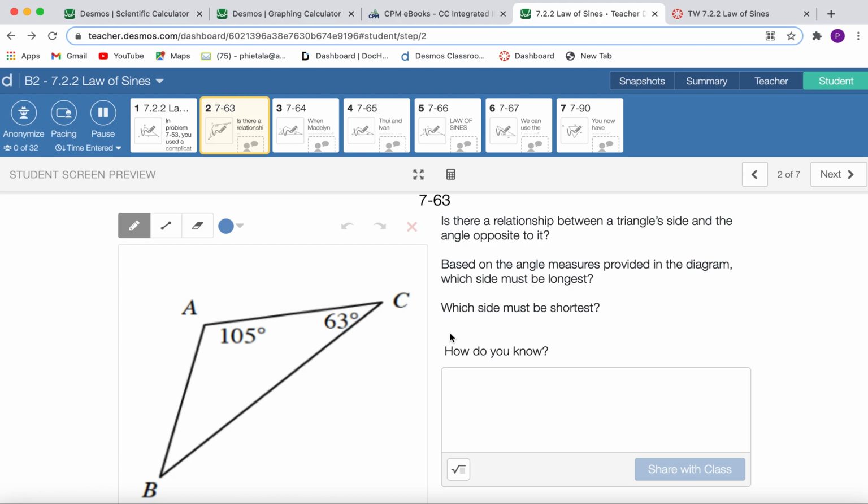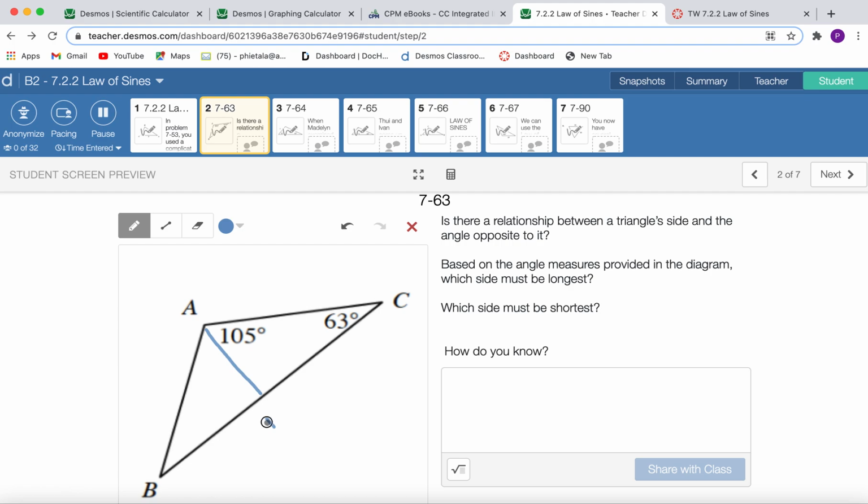So 763, is there a relationship between the triangle's side and the angle opposite to it? Okay, so we're looking at if we have angle A, here's my angle, and I'm saying, is there a relationship to the side across from it?